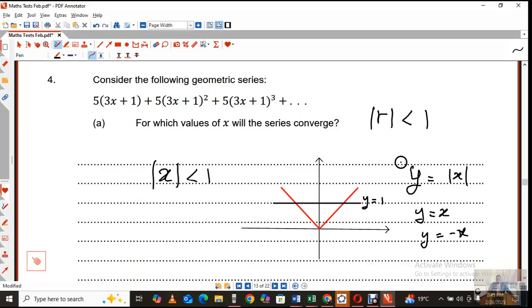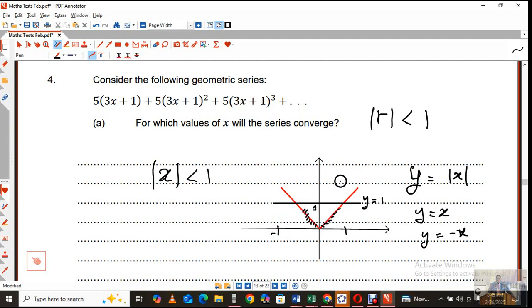Values of x that are less than 1, as we have it here, would be the values that are below. Now remember the graph of y equals the absolute value of x. If this is 1, that is also 1. If this is -1 over here, that is also going to be 1. So that's what we're looking for.